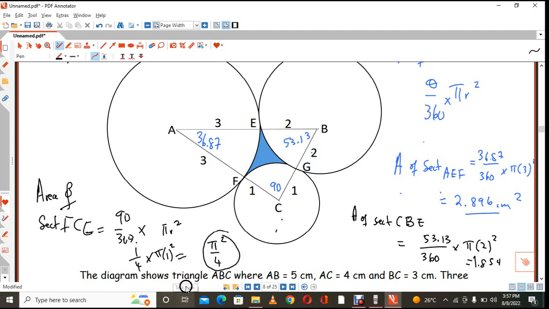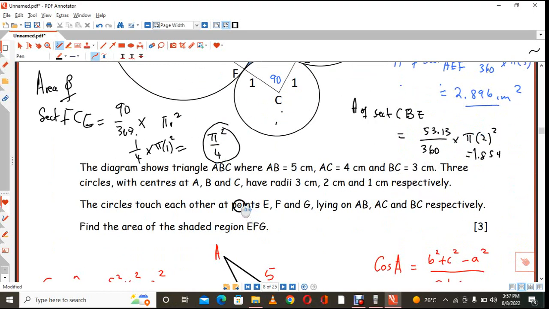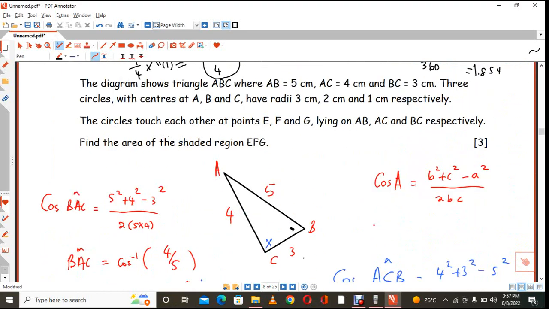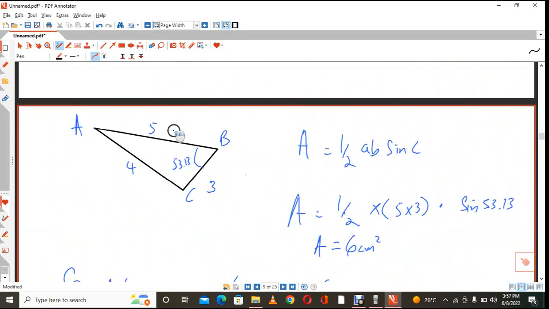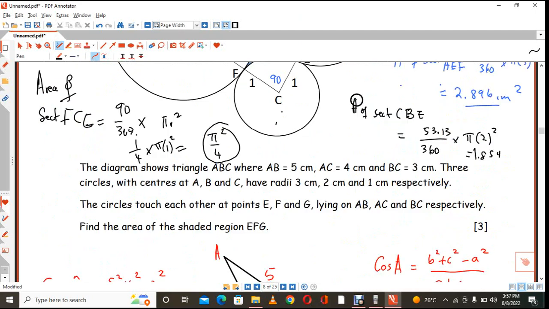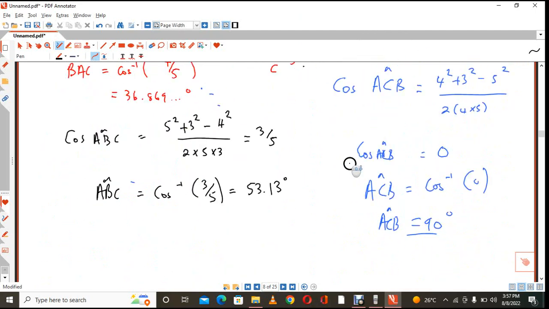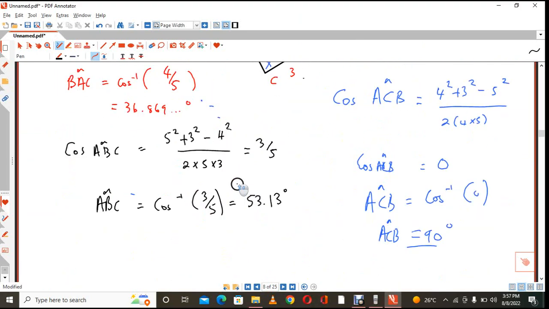So in order for us to find the area of the shaded part, we can easily find it by adding all the areas that we calculated, minus 6. So one of the areas, if I'm not mistaken, is 1.854. So we're going to have 1.854 here, plus the other two areas that we need to consider.